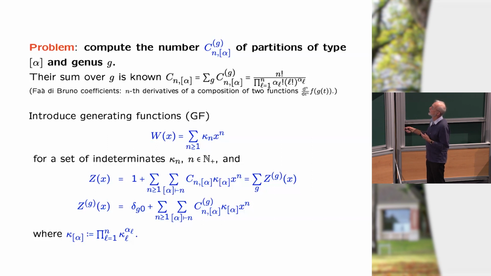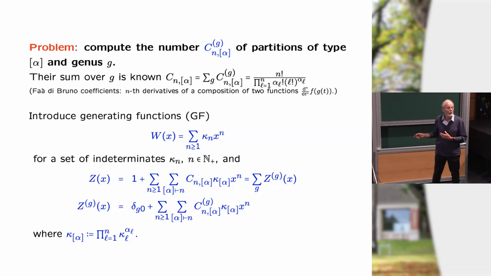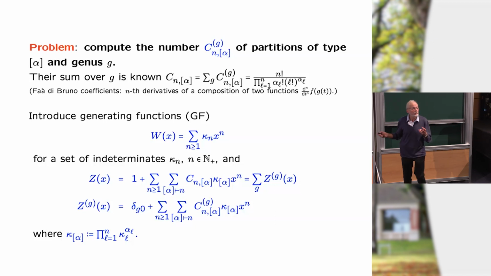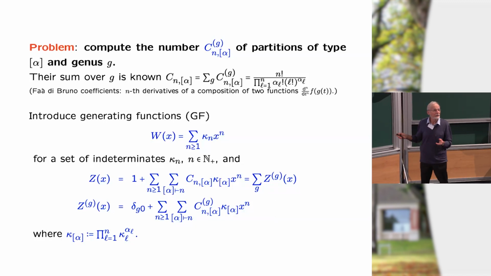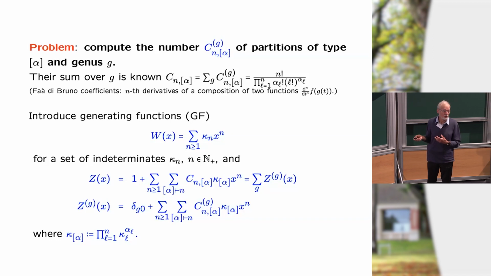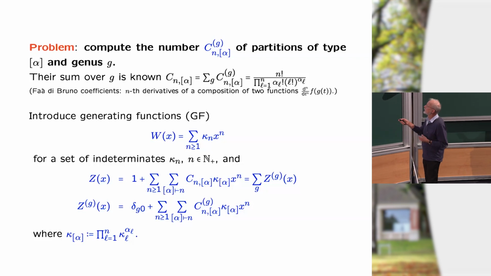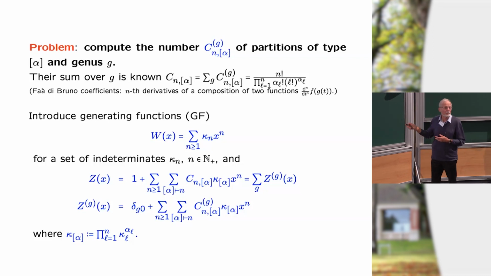So Z_g will have a term of 1 for genus 0, and then a generating function as well. Contrary to Carol this morning, I'll be happy enough if I find an explicit expression for the generating function. I won't go on to the next step of writing these numbers explicitly.